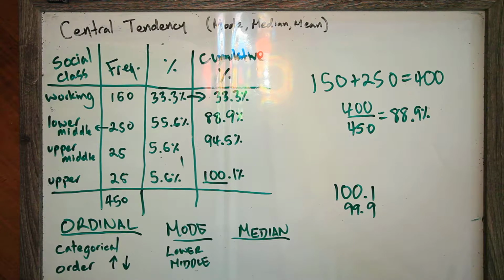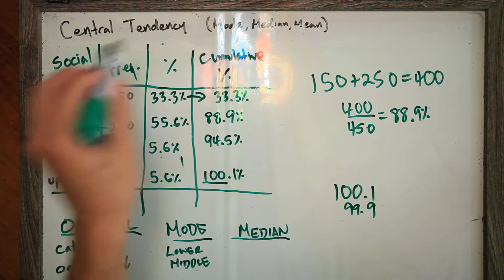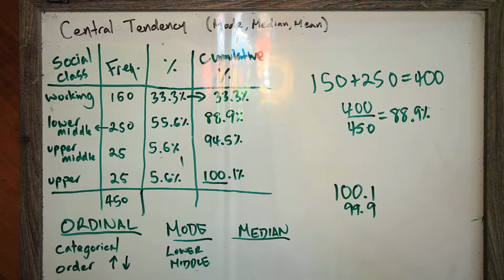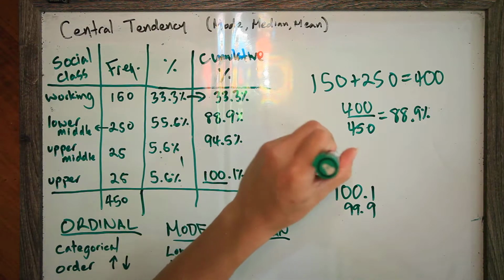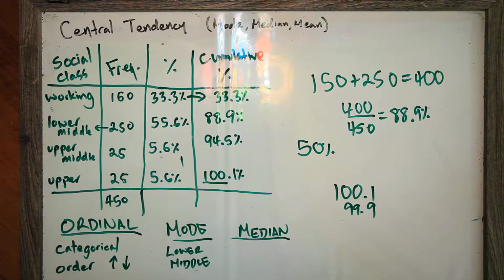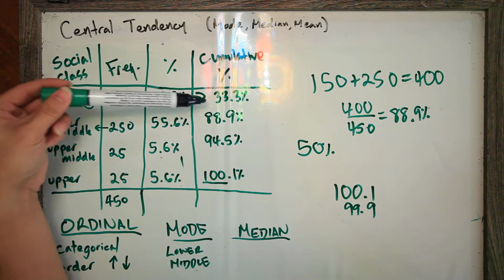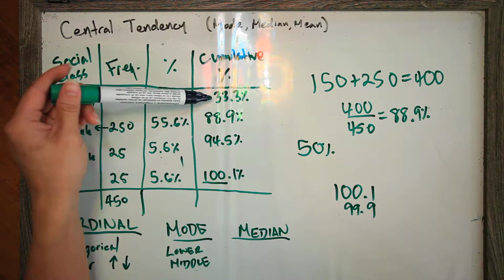And remember, like I taught you, to find the median when you have a cumulative percentage table, all you need to do is find the value of cumulative percentage that first passes 50%. Because the median is 50% of the way through the data set. So let's see here. Does working class pass 50%?